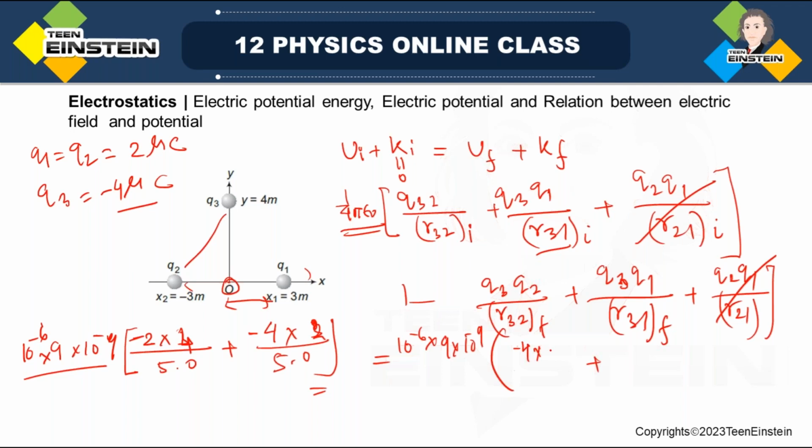So minus 4 into 2 divided by R32, that will be 3, and on the other hand R31 is again 3. Along with that there will be half mv square. m is 1 gram, so we'll put 10 to the minus 3.